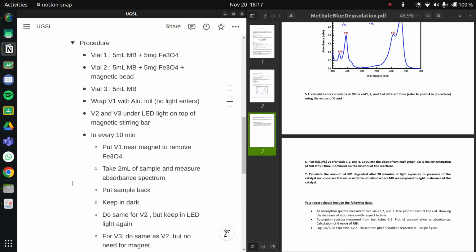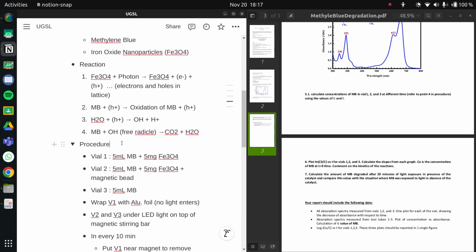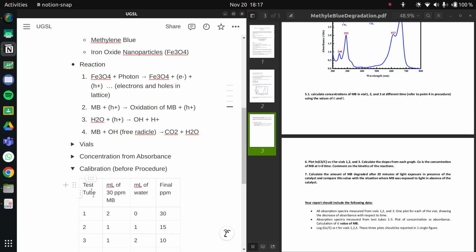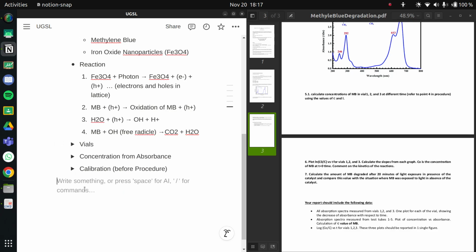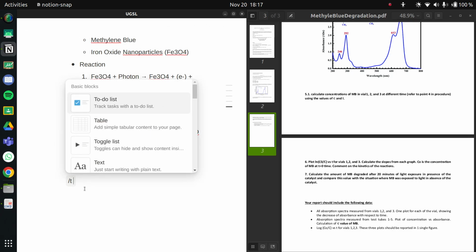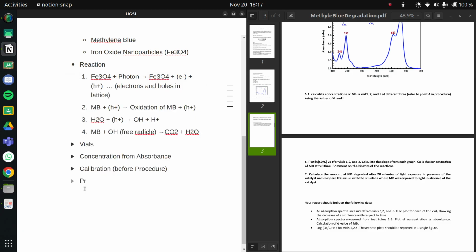So this is in the procedure, right? So the vials, then you got a calibration, then finally you have the procedure. Okay.